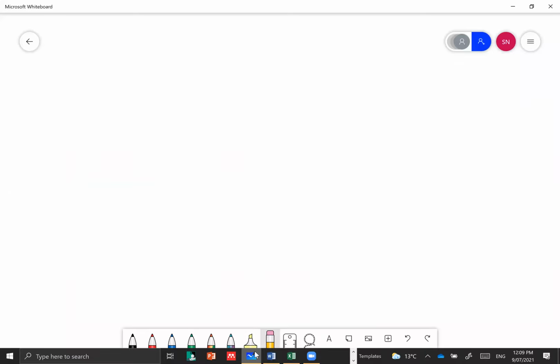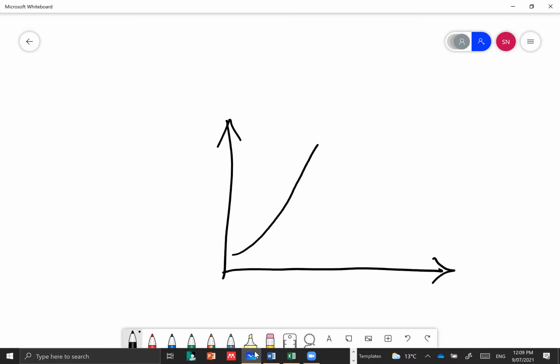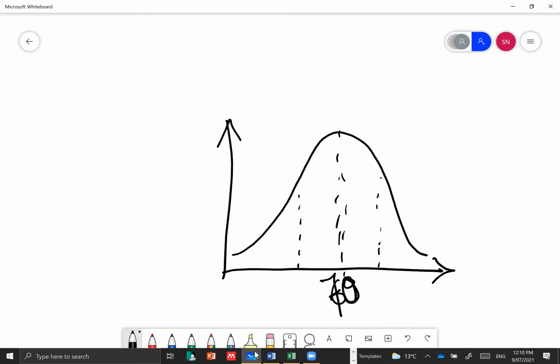So that particular data set, the assessment data, if you plot it, it will look like this. That median, sorry, I'm trying to draw freehand, was 69, and we said we'll round it off to 70. And this then represents the standard deviation.